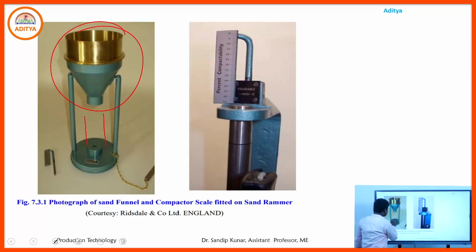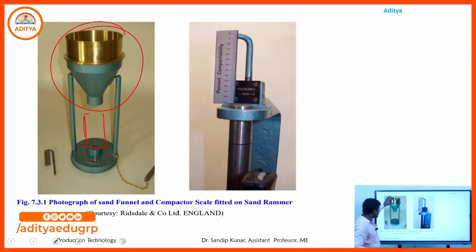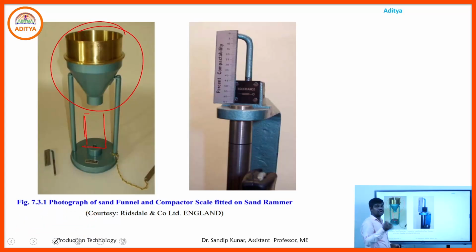Through the funnel we provide the molding sand, and there is a strainer in which the impurities are extracted from the molding sand. Then the tube is filled up to that position.